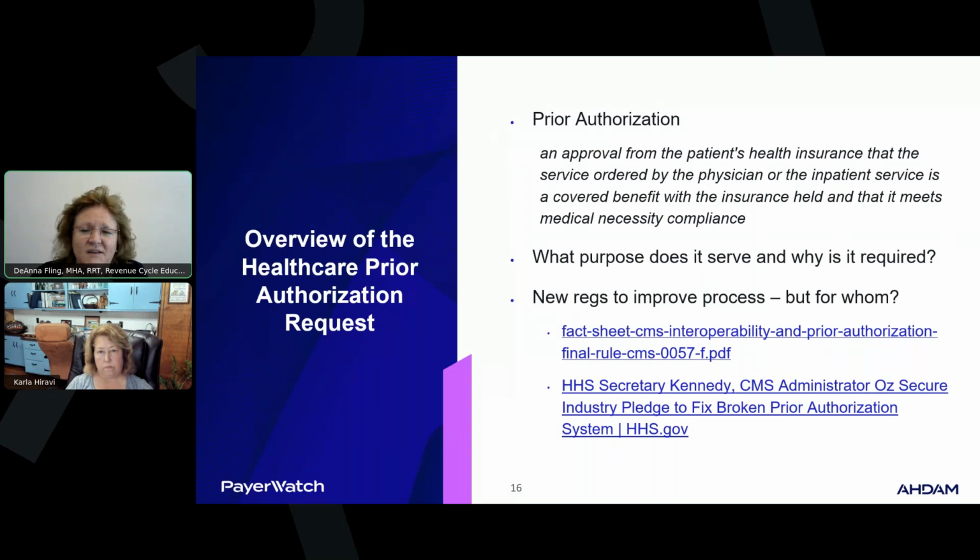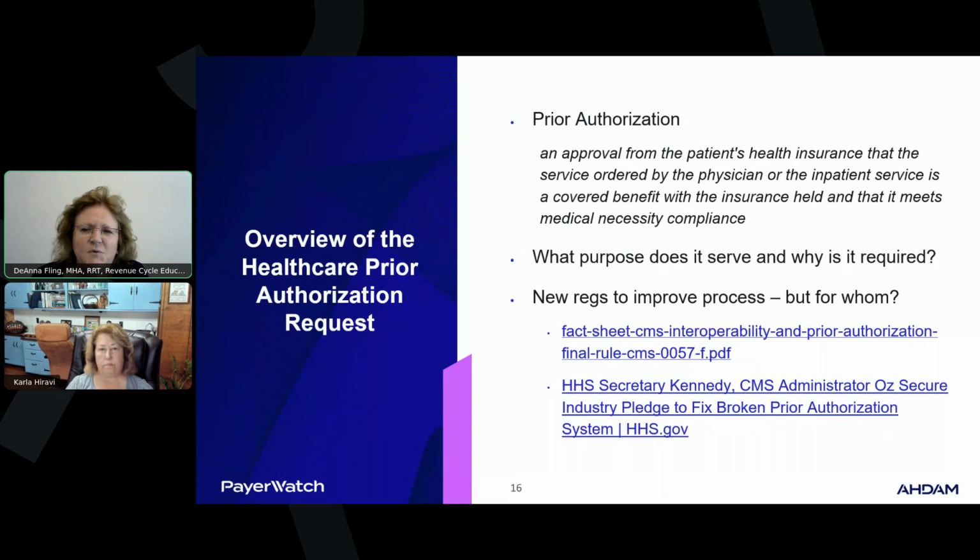And as we know, to an insurance company, the use of the prior auth process is a means of cost control, but it also assists an insurance company with ensuring that quality of the service is performed, as well as a means of fraud prevention. We're seeing a lot of fraud prevention these days.